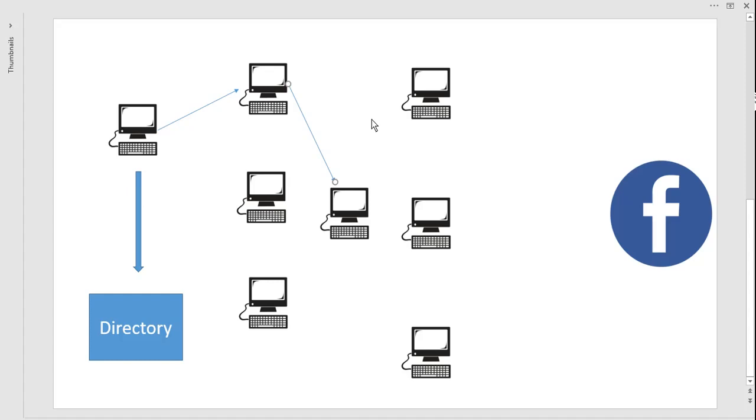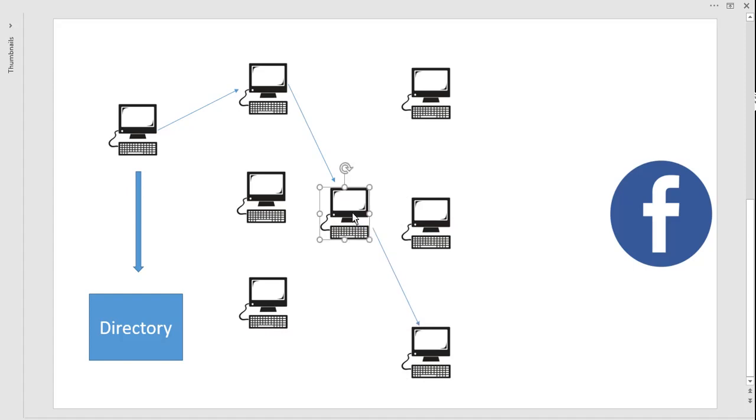None of the hops will know that you are the source and your destination is facebook.com, right? So the job of this second node is to take the message from this node and then deliver it to the other one, let's say this one.